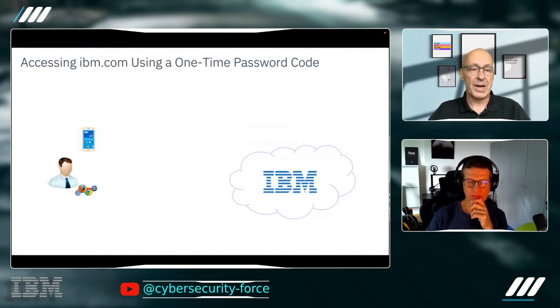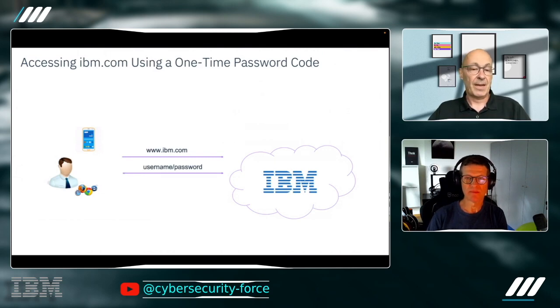For example, if you as a user go to a site such as IBM and you use multi-factor authentication. So this goes like this. As a user, he's going to www.ibm.com.